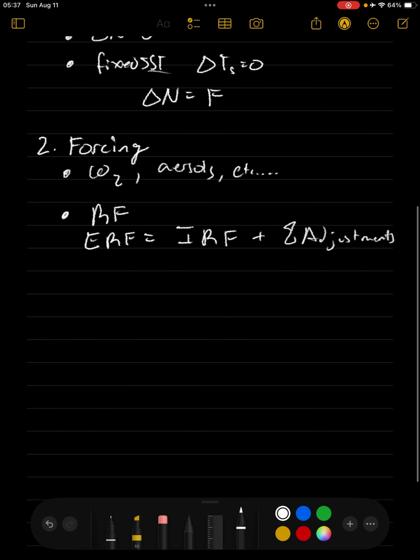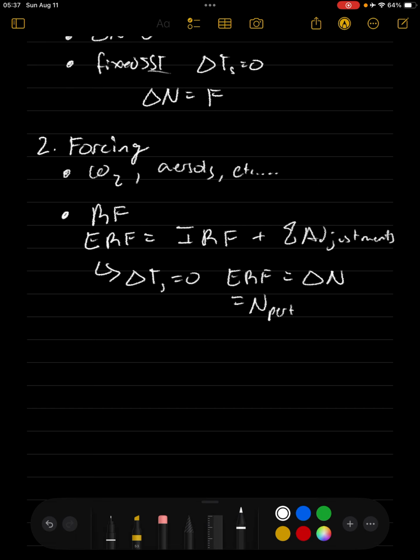And of course, when the change of the temperature is equal to 0, then that would mean that the ERF is only equal to the change of energy, where this is equal to the change of N of the perturbed system minus the N of the control, the perturbation being adding some type of external factor, such as CO2, aerosols, or more of them.